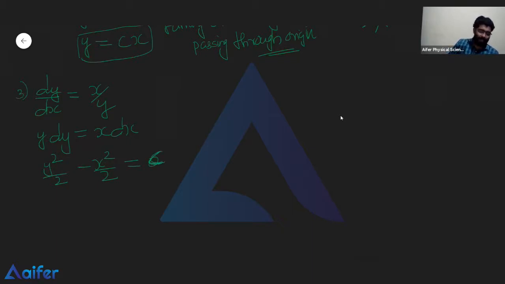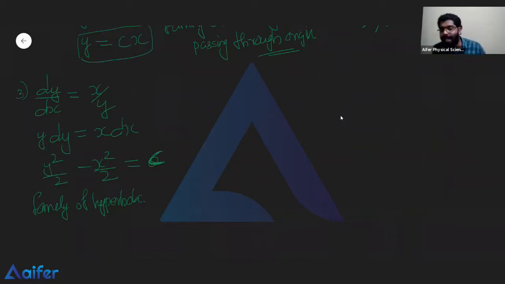So what does it represent? y square minus x square form means a hyperbola. A family of hyperbolas, symmetric about the y-axis. So by solving a given differential equation, we can find such a family of curves.